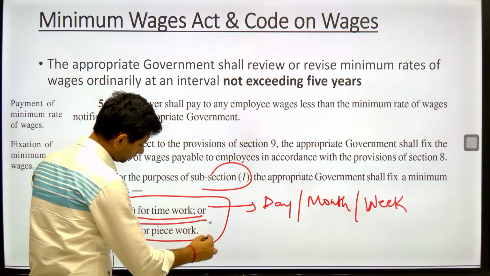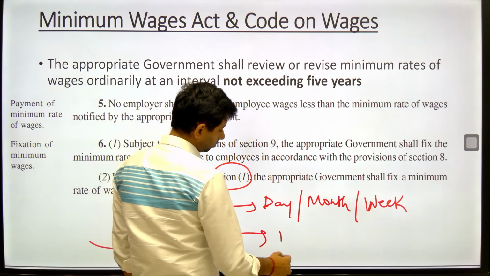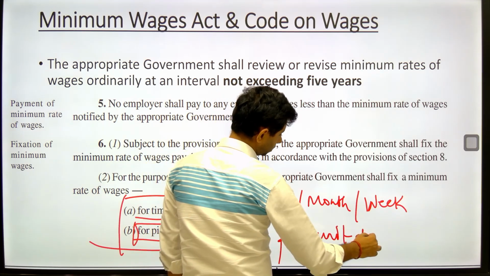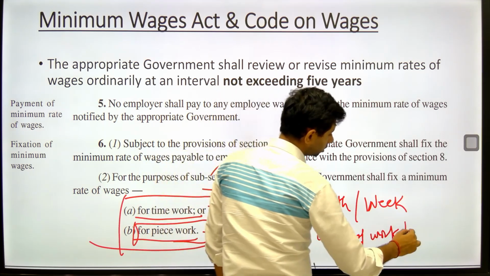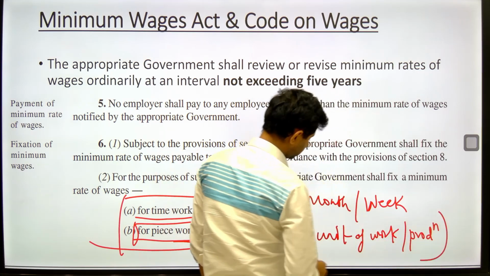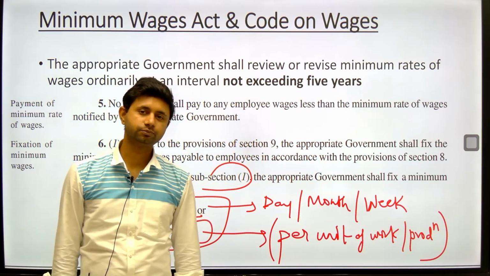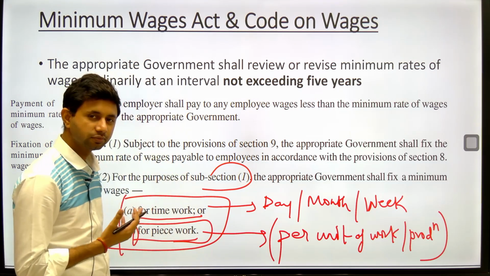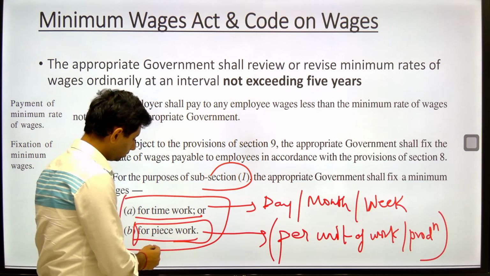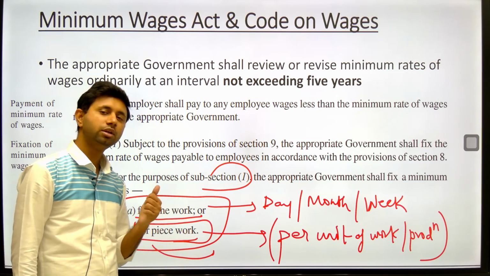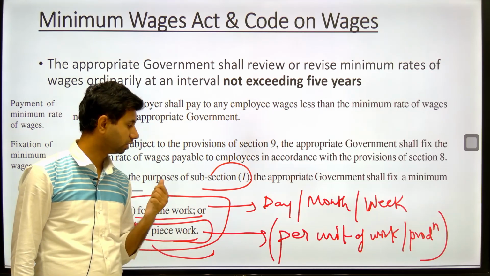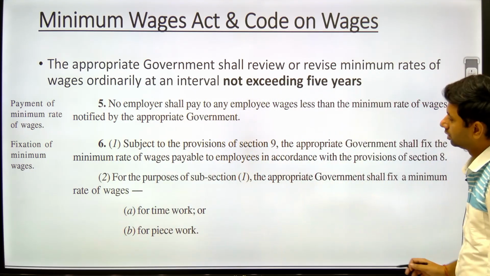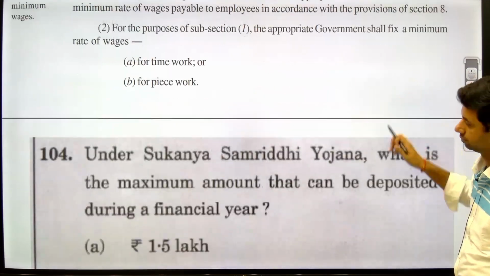But for piece work, suppose per unit of work, or you can say production, wages are determined on the basis of this metric. So suppose you are writing any content or providing any IT services for a particular company, so per script or per video you will get the amount. So this is actually minimum wage per piece work.